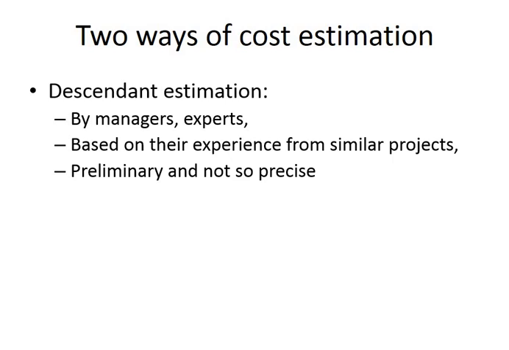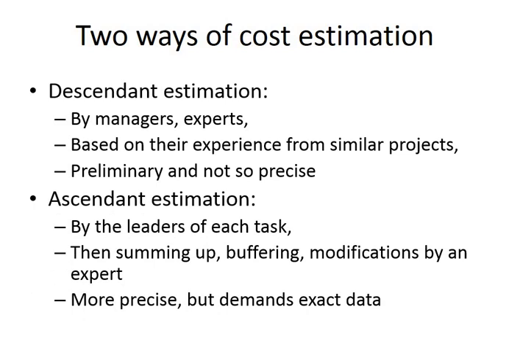So some managers or experts, basing on some preliminary data, previous projects and so on, try to estimate usually the total cost of a project. The other way is ascendant estimation, which means bottom up, and this way you take the estimations of the cost of each task and you sum up everything together. In the end you arrive at the total cost.